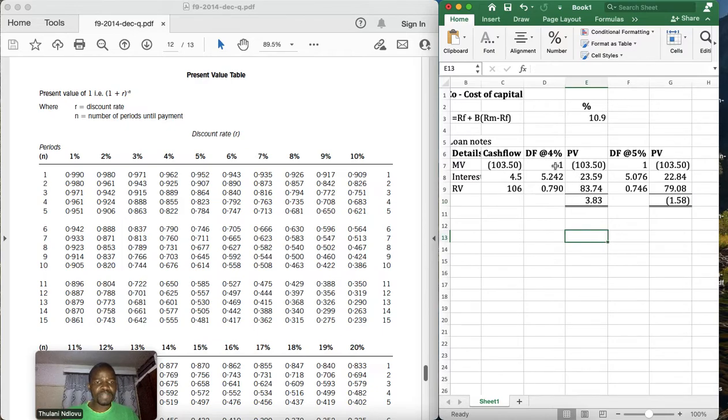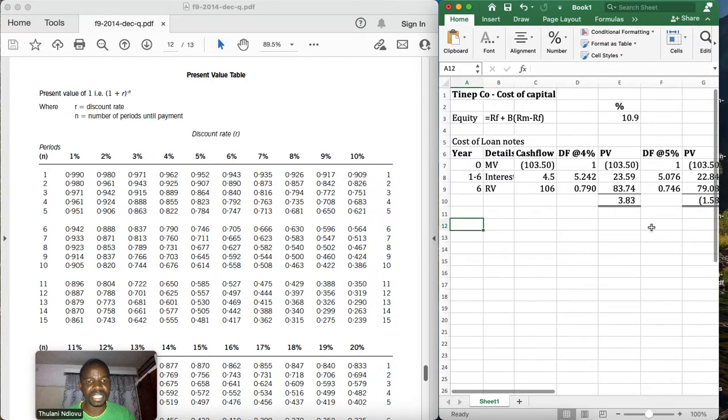So the lower interest rate is 4% and the higher interest rate is 5%. This is the NPV at the lower interest rate, and minus 1.58 is the NPV at the higher interest rate.